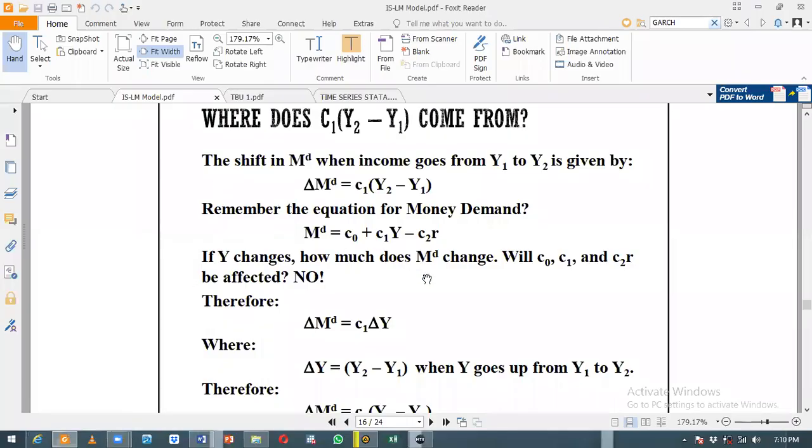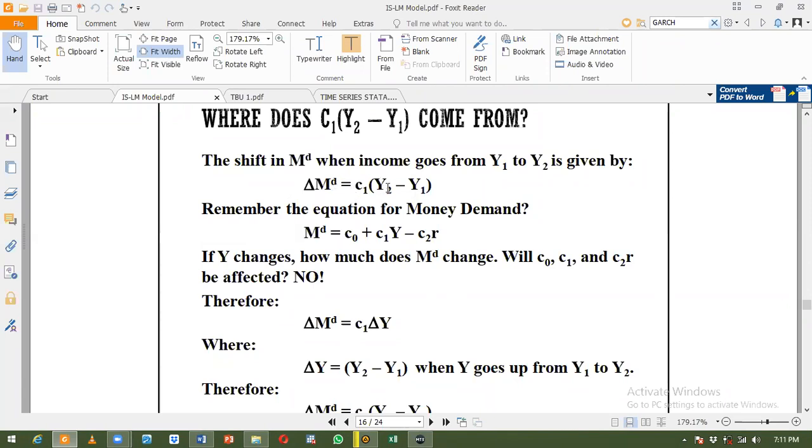All right. So for the LM that we've been talking about, we always start from income changing, income increasing, and its effect on money demand that causes the interest rate to increase. But the change in the money demand will depend on how income elastic the money demand is.